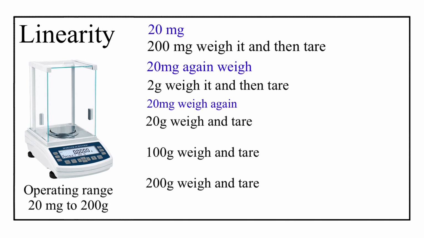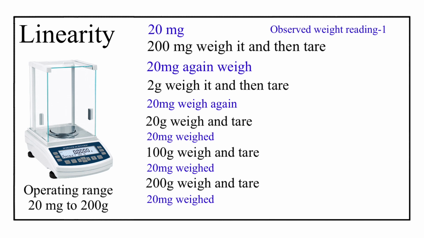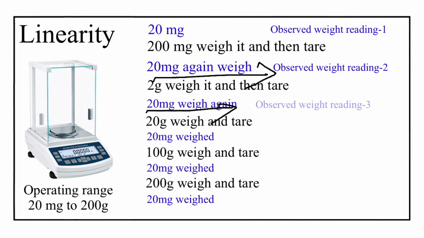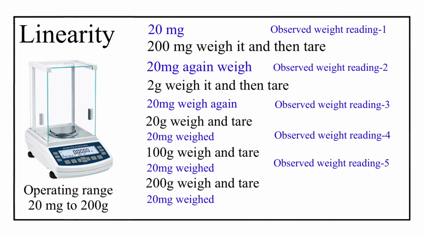Here you can see that the minimum test weight is weighed again and again while increasing the tare weight. Now we will have 6 readings of the minimum test weight against each weight. Let us call the first weight observed weight reading 1, this one observed reading 2, this one observed reading 3, and likewise 4, 5 and 6.